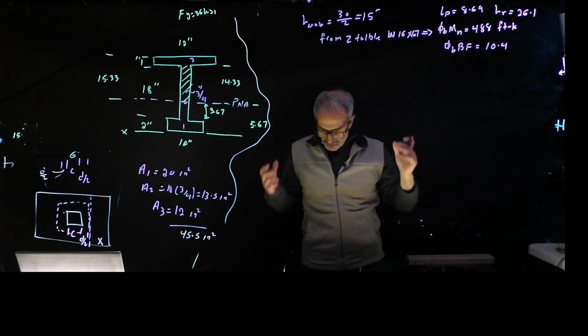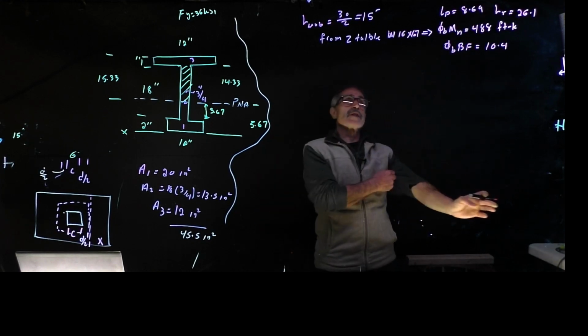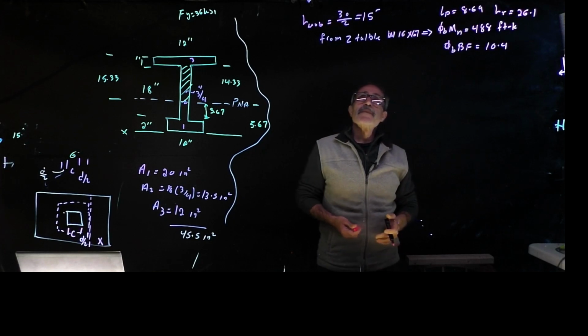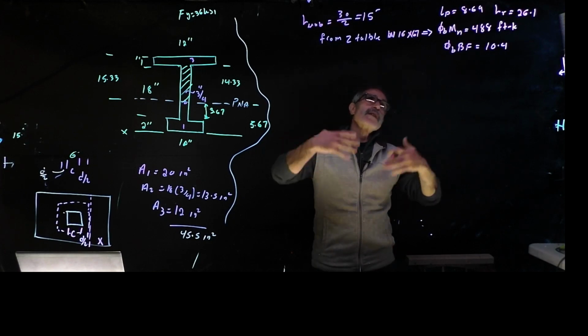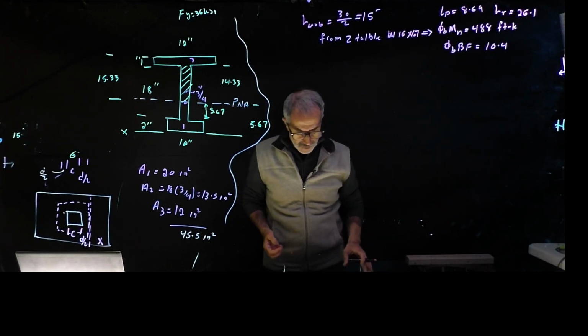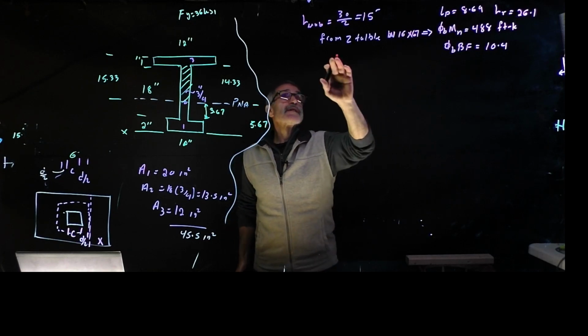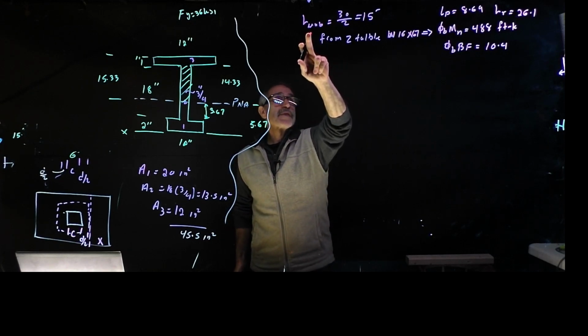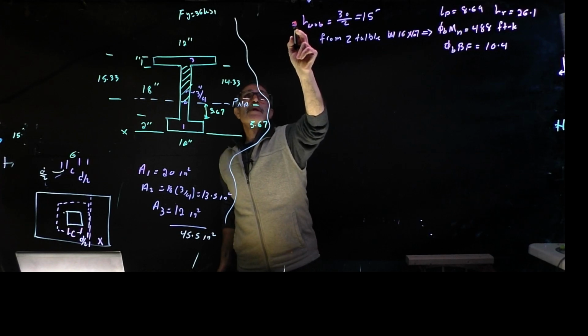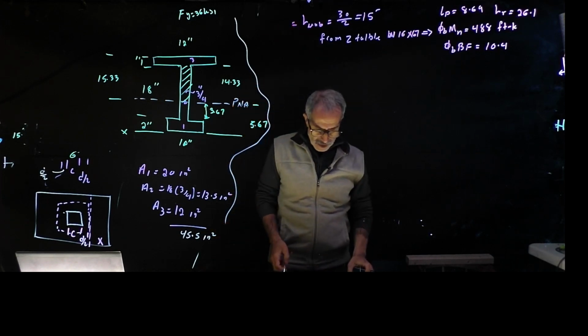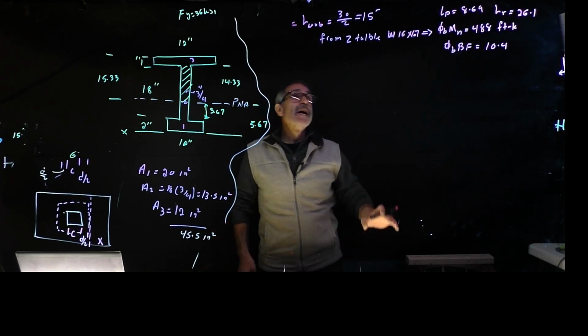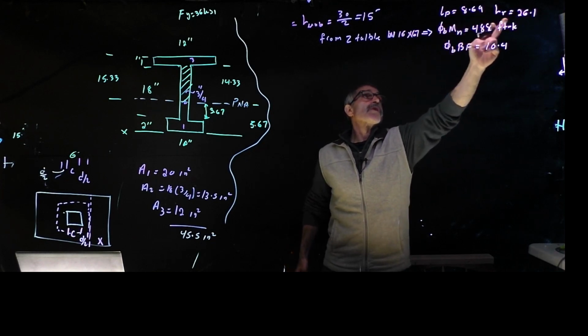Okay, once you know this problem and you see one like it, it should take you 5 minutes to learn it and a minute to do it. So since Lb, our unbraced length, is 15 feet, 15 feet is between these two numbers, Lp and Lr.